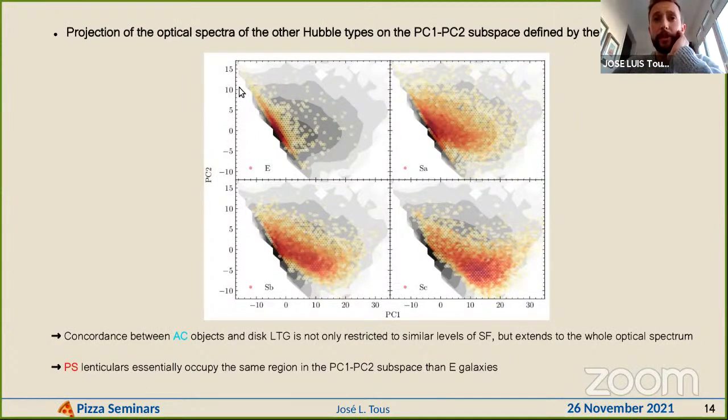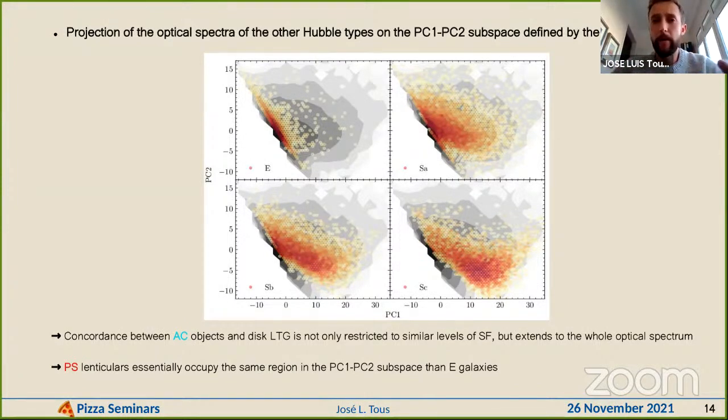And this figure shows that our passive sequence S0 galaxies look similar to the elliptical galaxies from a spectroscopic point of view, whereas the active counterparts are similar to late type spirals, not only in the sense that they have similar levels of star formation activity, but the similarity extends to the whole optical spectrum.